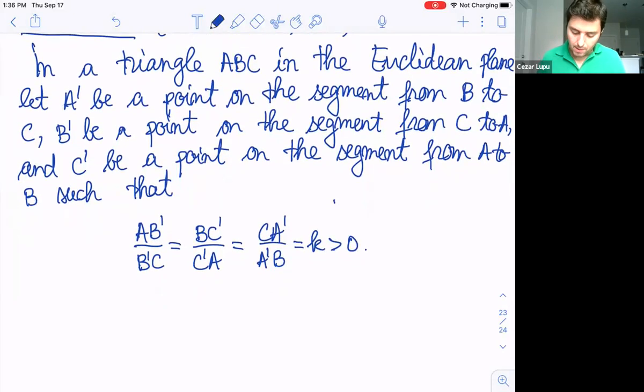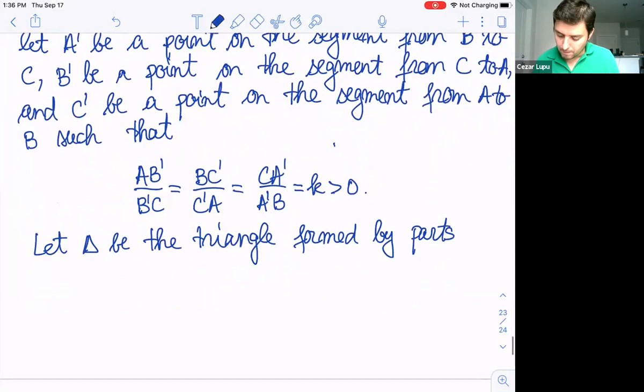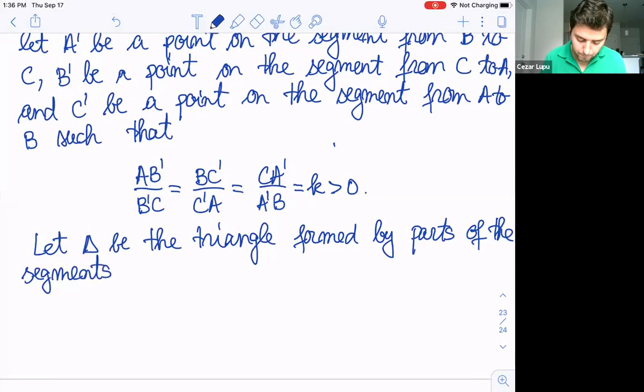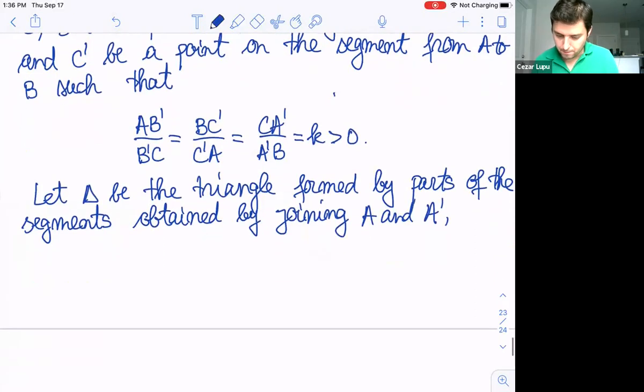Okay, and let delta be the triangle formed by parts of the segments obtained by joining A and A prime, B and B prime, and C and C prime.